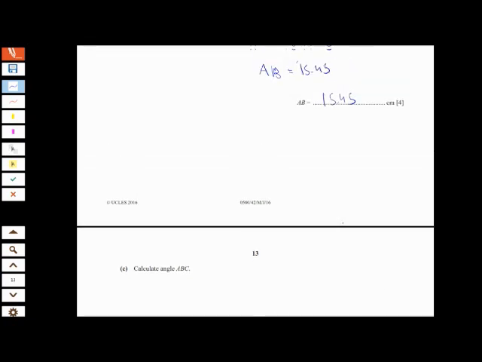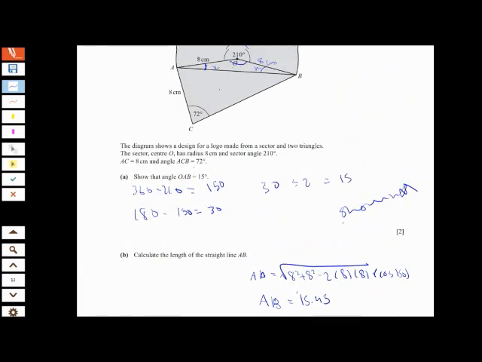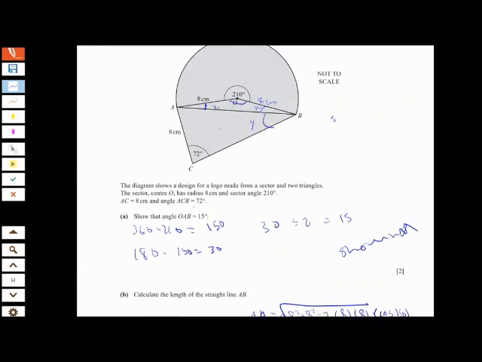Now calculate the angle ABC. What is the angle ABC? Sine rule: sine y over 8 equals sine 72 over 15.45, which is this angle, sine this angle, over the corresponding straight line, and the same thing. So now we simplify this.